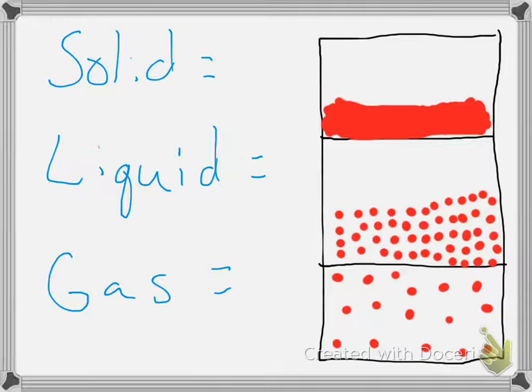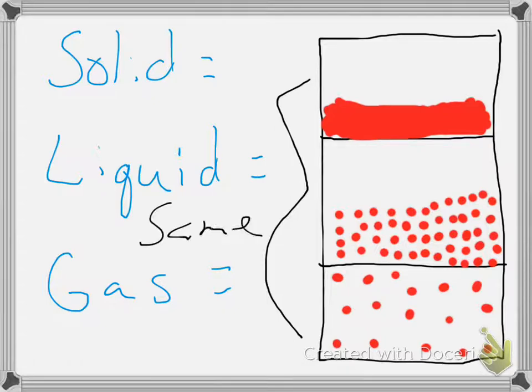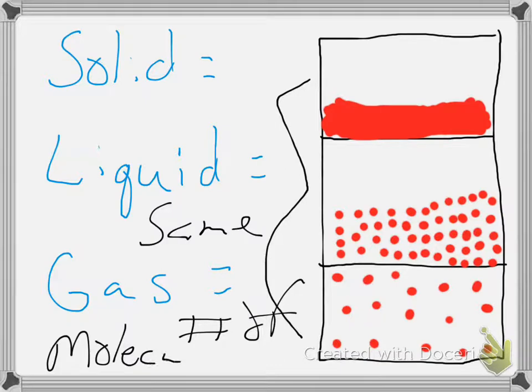But now, here's what people don't understand. These all have the same amount of molecules in them. Just because my drawing here stinks and it looks like there's a lot more liquid molecules than gas, there's not. There are the same number of molecules in each one.